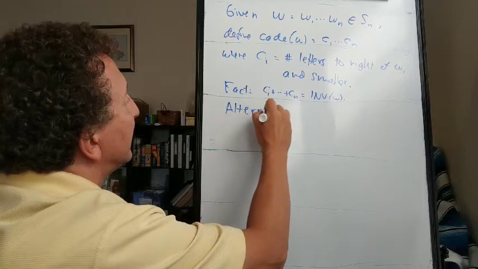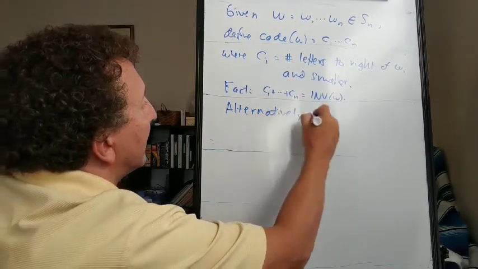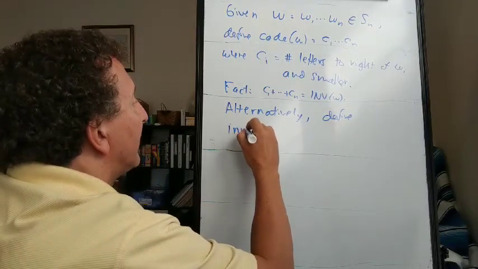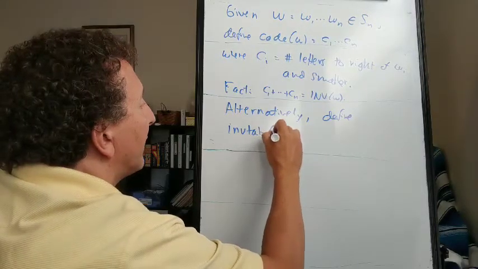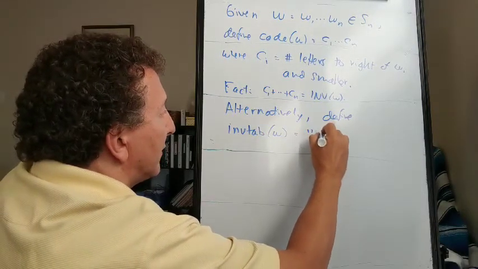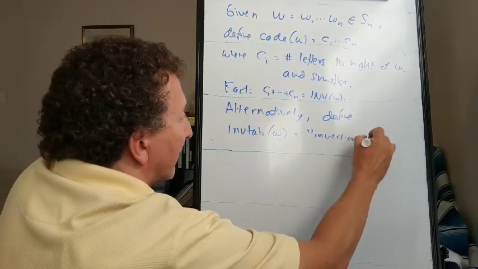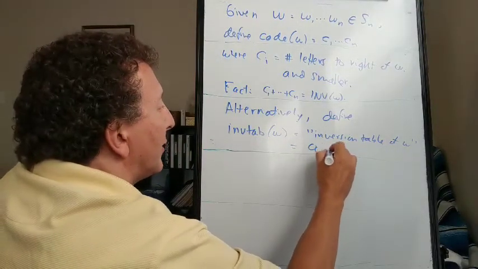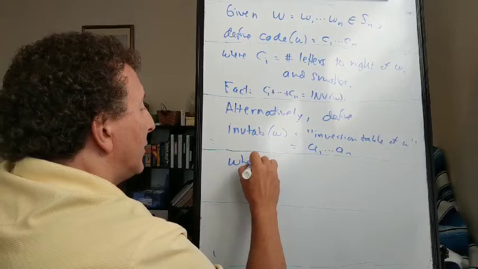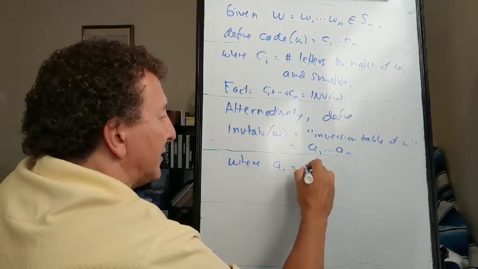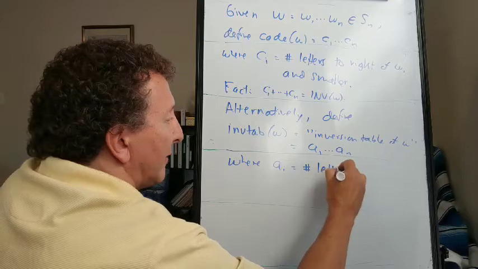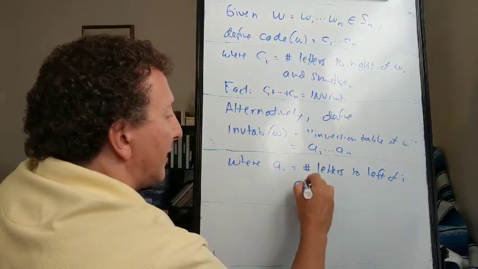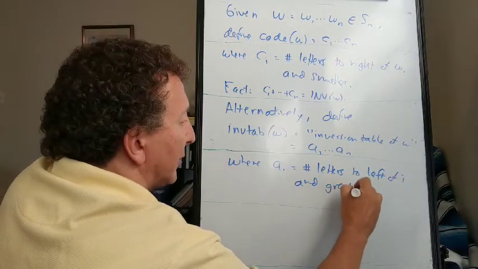So alternatively, define the inversion table of W to be the word A1 through An, where Ai is the number of letters to the left of i and greater.